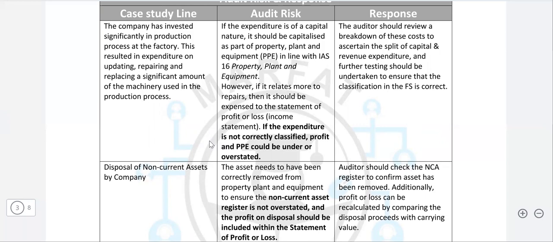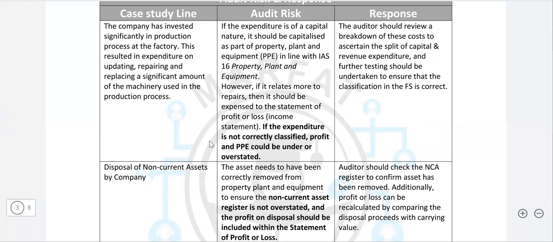Now they're spending an amount on updating. We know this is capital expenditure. Repairing, we know this is revenue expenditure. And then again, replacing, again capital expenditure. So they're spending an amount which is a mix of capital and revenue expenditure. And according to the standard, capital expenditure should be capitalized, revenue expenditure should be expensed out.